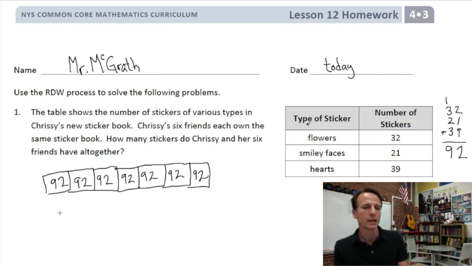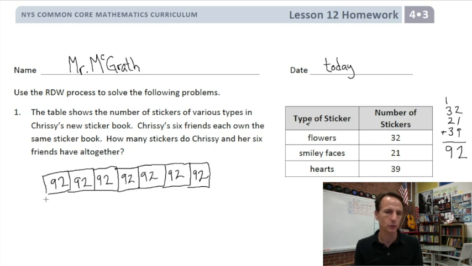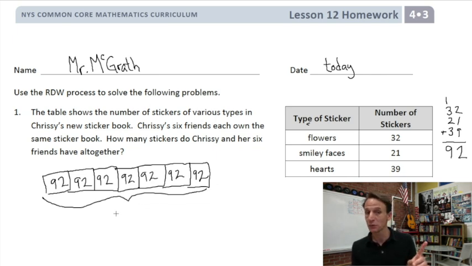All right. And so now all together is what we're trying to find. And so this is what we're trying to find, and we know that it's how many people? 7 times 92. All right, and let's use the standard algorithm, because ultimately that's our goal here, is to be fluent in the standard algorithm.